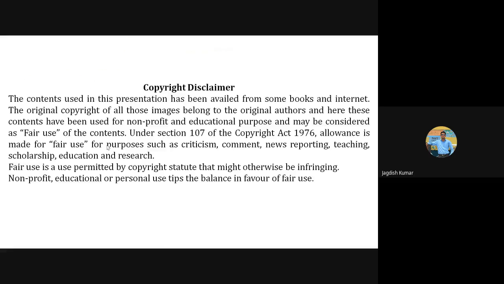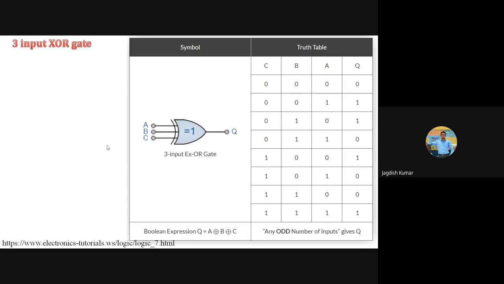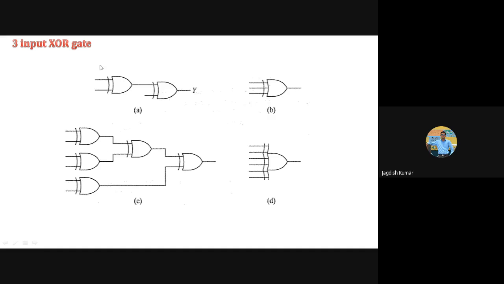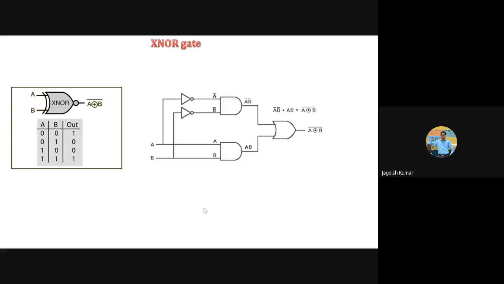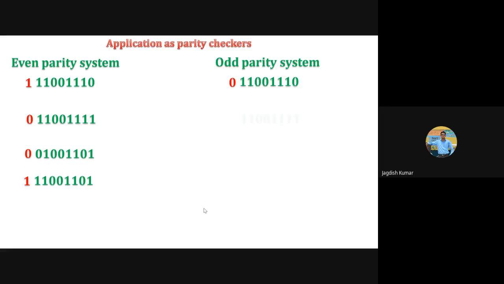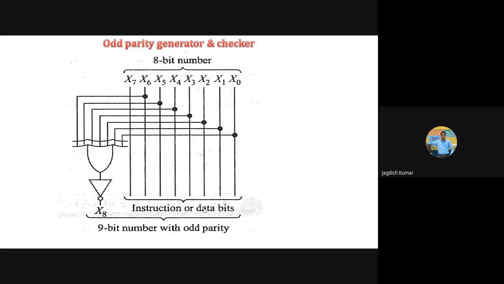Maybe let me take you to the beginning. This is the circuit here. This is how you can get any n input exclusive OR gate. So that is how we can employ that for any n bit data system.